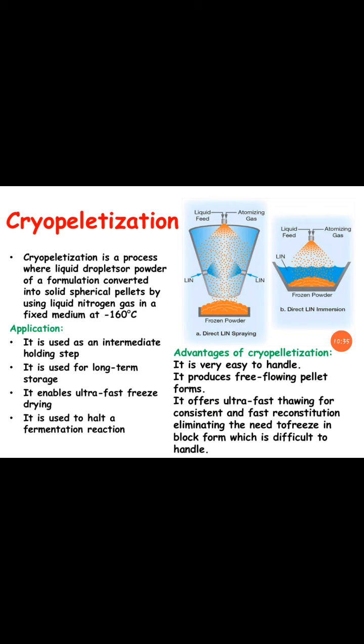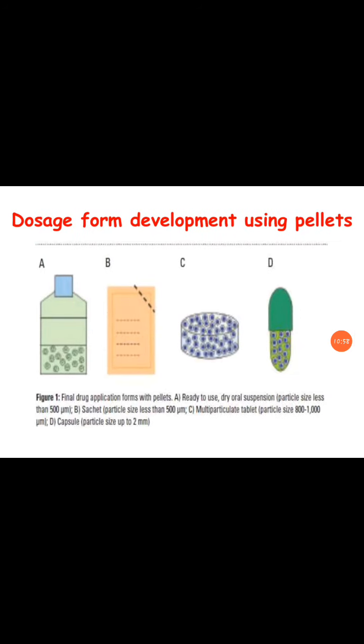The advantages it has are ultra-fast freeze drying characteristics and long term storage conditions also. These pellets can be easily prepared, are easy to handle, and have free flowing characteristics, etc.